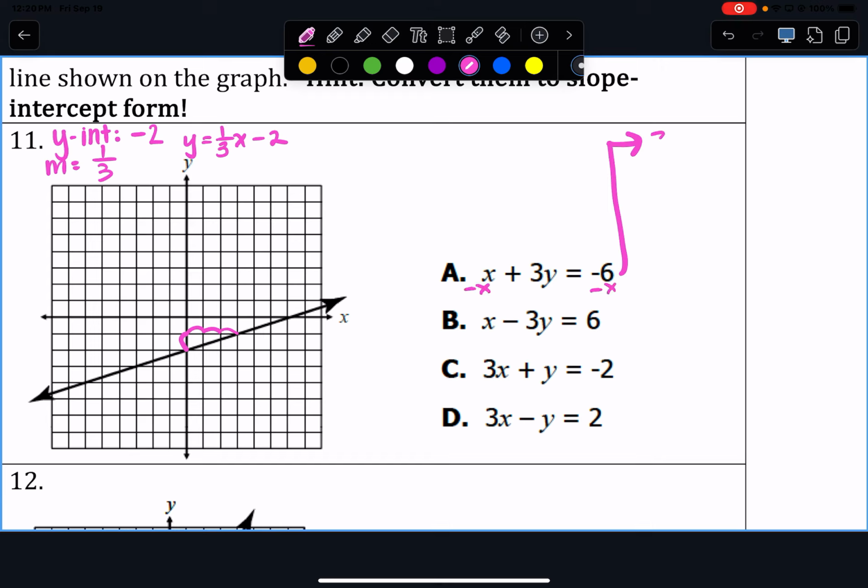So we get 3y equals -x minus 6. From here, what can I do? Divide everything by 3. So we get y equals -1/3 x minus 2. Does that equation match the equation we need? No. So can it be A? No.